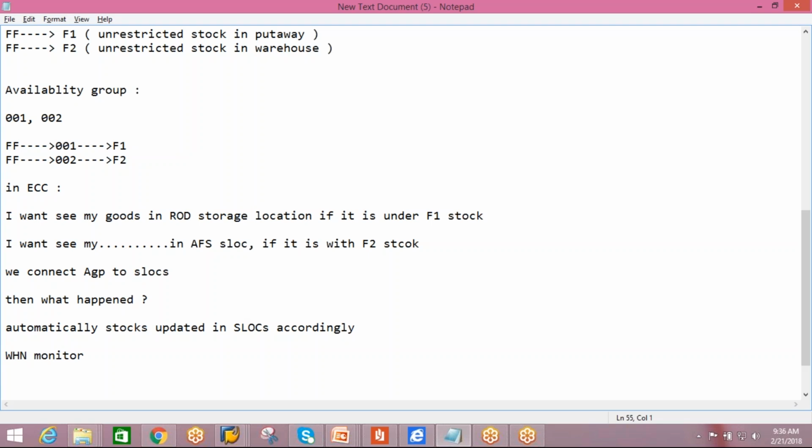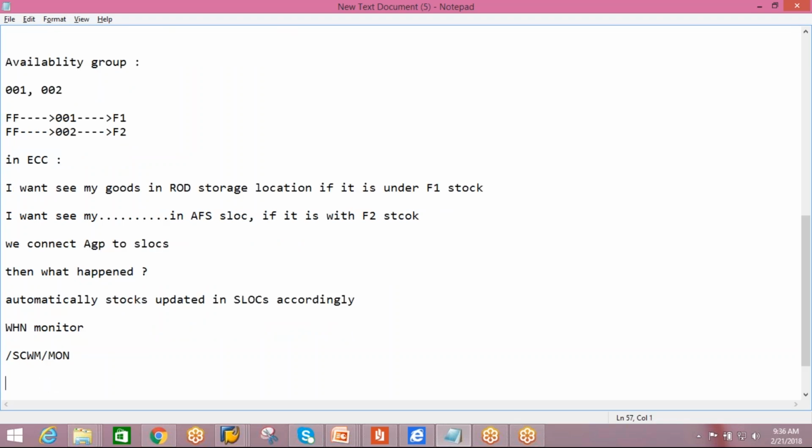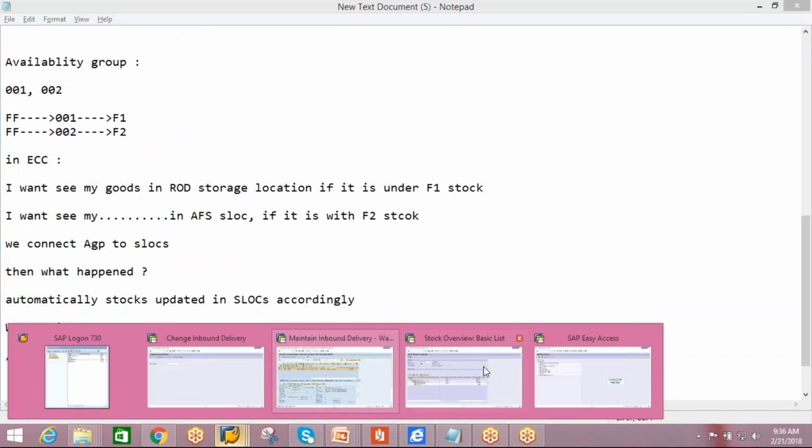Like we have MMBE, MB51, MB52, ME2L, ME2N, ME2S, etc.